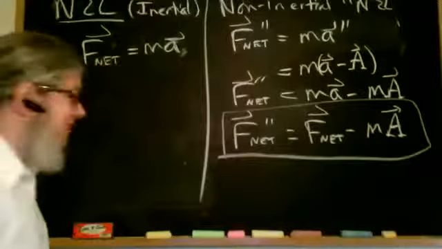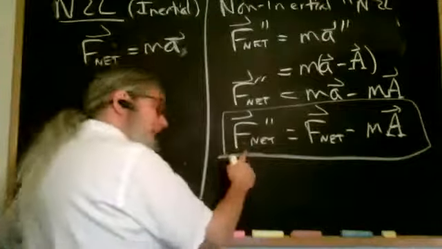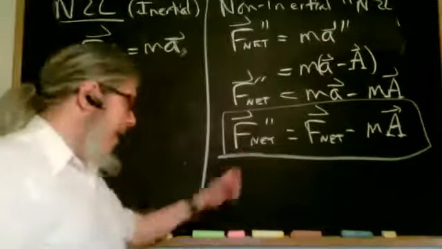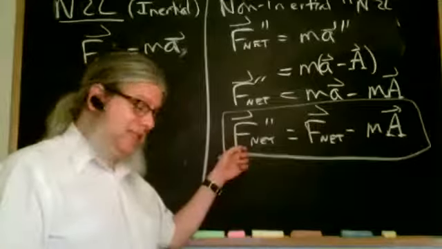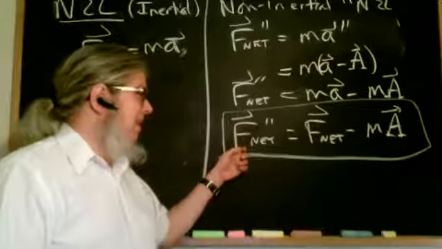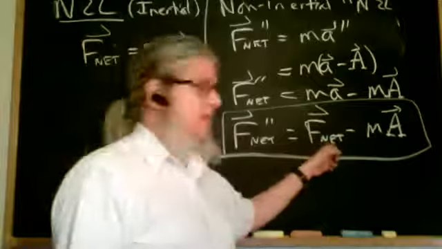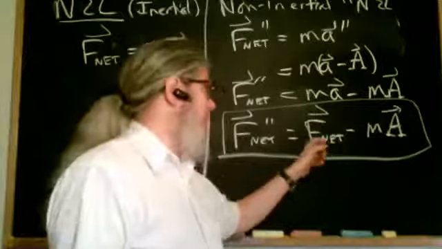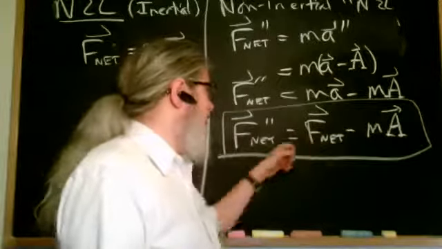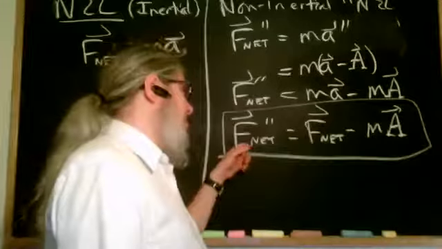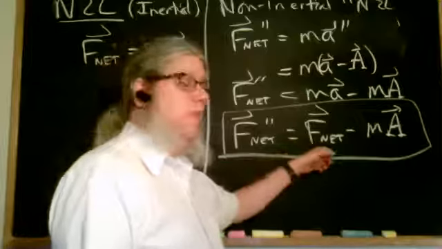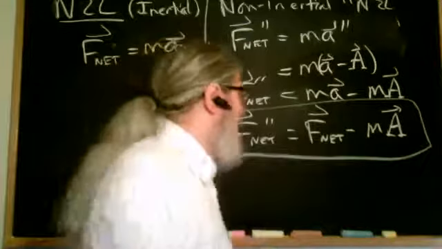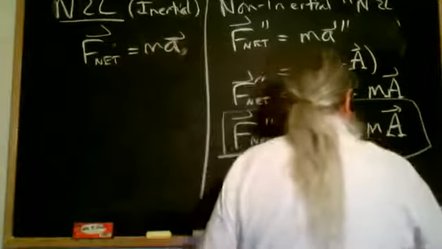It's telling us that the net force as measured in a non-inertial, which is to say an accelerating reference frame, is not the same as the net force measured in an inertial reference frame. In fact, the net force that we're measuring in this non-inertial frame is the net force that we would have measured in the inertial frame plus an extra term.